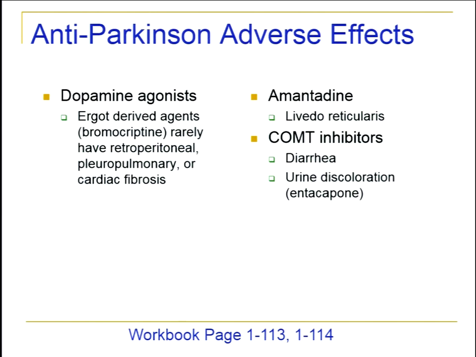The COMT inhibitors, that's tolcapone and entacapone. Entacapone's the one we usually use. Diarrhea can occur, and sometimes that can be delayed for several weeks even when we start the drug. And then the urine can become discolored with the entacapone. It becomes kind of a darkish orange color, so something to tell patients about.